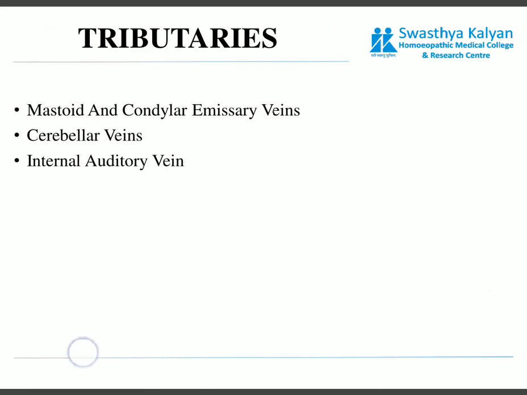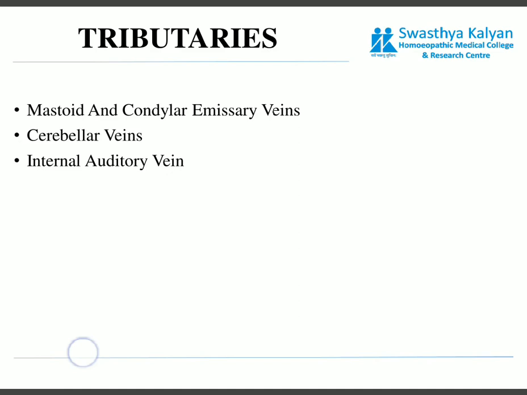The tributaries are the mastoid and the condylar emissary veins, the cerebellar veins, and the internal auditory vein, because it is related to the ear and also shares the location with the internal auditory meatus, so it has veins from those areas named accordingly.